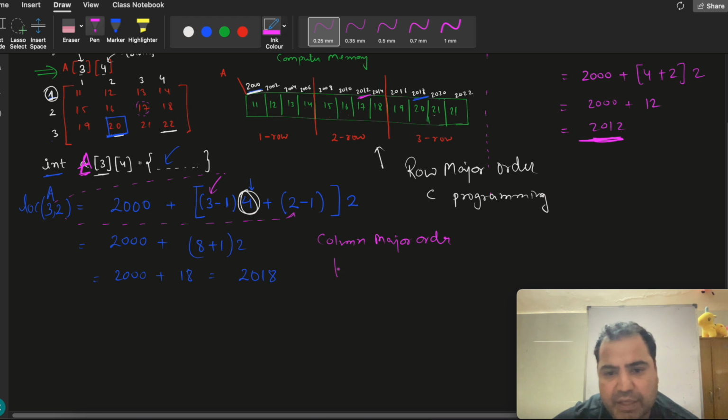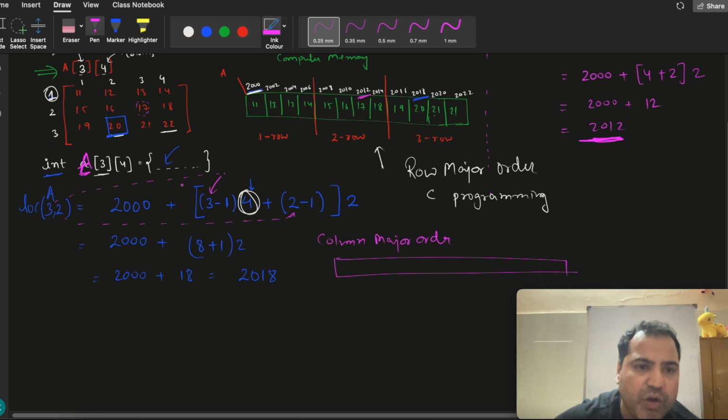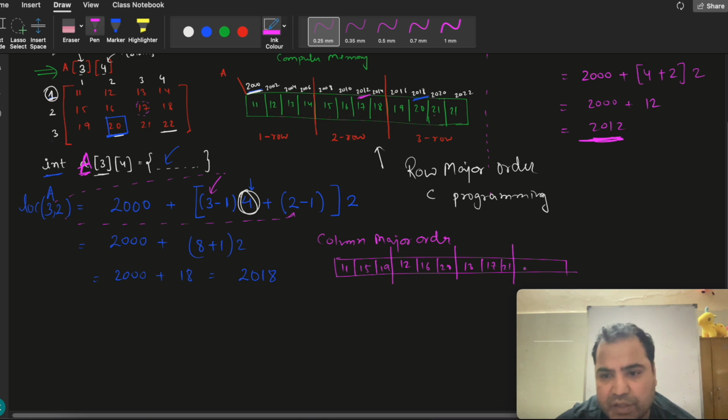It will be stored like this: 11, 15, 19, this is the first column, then 12, 16, 20, the second column, 13, 17, 21, the third column, then 14, 18, 22, the fourth column.